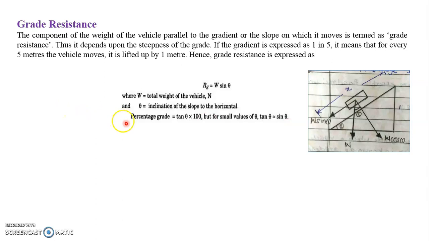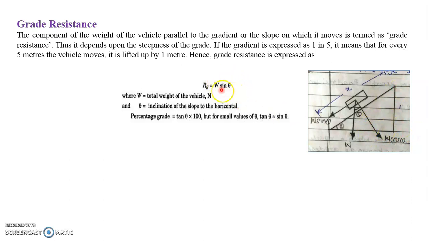The percentage grade is equal to tan theta into 100, but for small values of theta, tan theta is similar to sin theta. Also from the figure, you can get the value of sin theta.